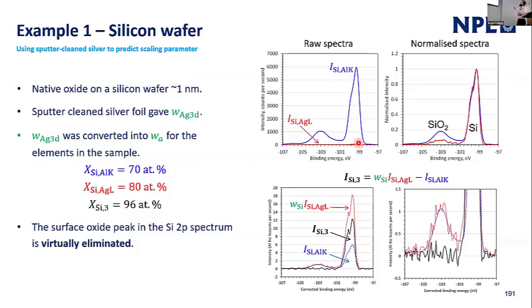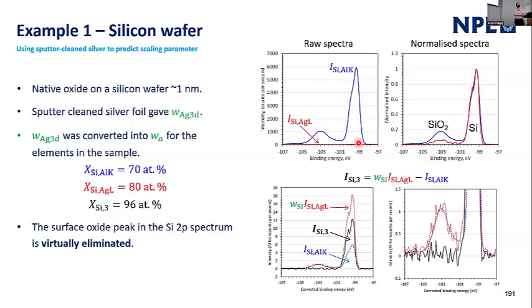So here's the most clear example, I think. On the top left, those are the raw spectra that come out of the spectrometer. You can see that the aluminium K alpha data is nice and clear, good count rate, good signal to noise. And then there's a tiny, tiny line at the bottom there. You can barely see it. That's the silver spectrum.